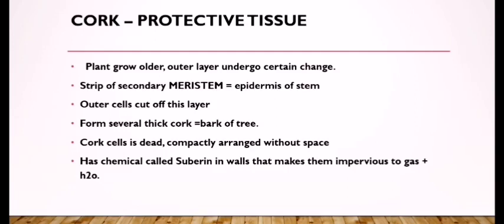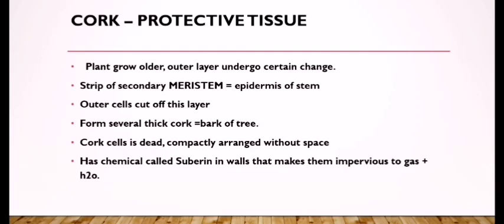Plants in the younger age will have a different outer surface, and a plant which grows older and older will develop a different layer as it grows. When plants grow, the outer layer will have some changes, either in physical appearance or naturally. So in that case there is a meristem.